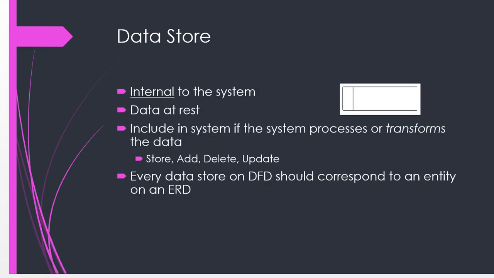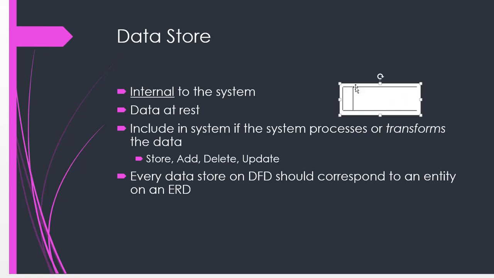Now let's move to the next part, the data store. The data store is another rectangular object within the context level, within the data flow diagram, sorry. So the data store is only found within what? A data flow diagram. Now you can see this shape of a data store.